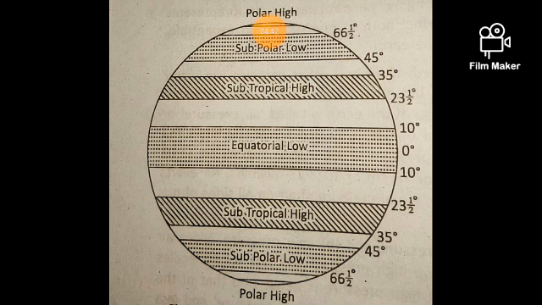Beneath the subpolar low we have the subtropical high, which has high air pressure and can also be observed in both the north and south hemispheres. And at the middle, at the equator, we have the equatorial low pressure. Equatorial low air pressure is caused by the rotation of the earth. We have learned about that earlier.